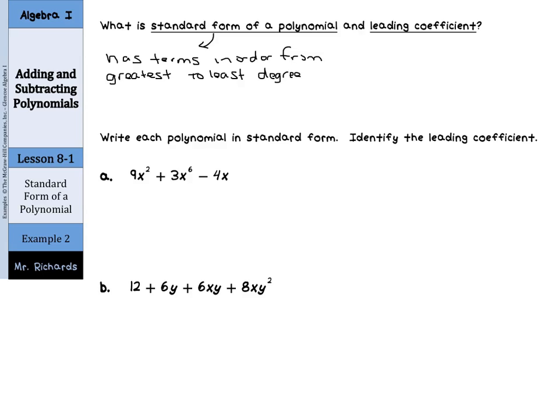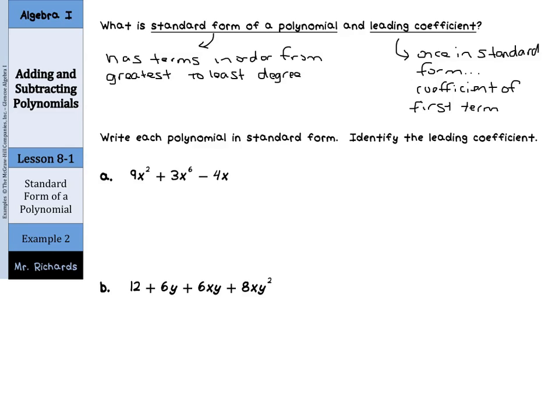In other words, x cubed, then x squared, then x, then your constant. And what is the leading coefficient? Well, once you're in standard form, it is the coefficient of the first term.